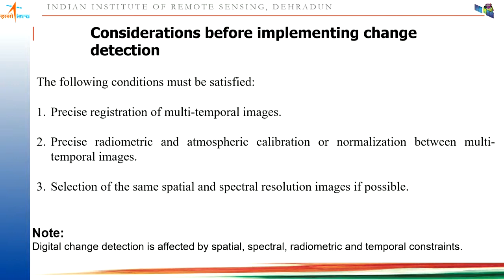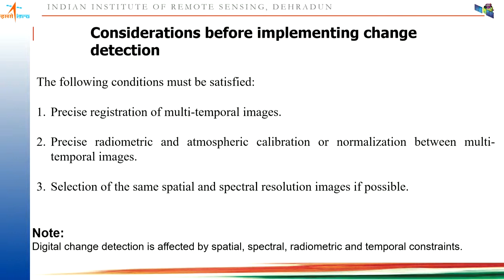So the images should be radiometrically and atmospherically normalized so that they can be used. Because in some methods, we directly compare the brightness value of the first image with the second image, and as you know, the brightness value changes because of haze and atmospheric effects.